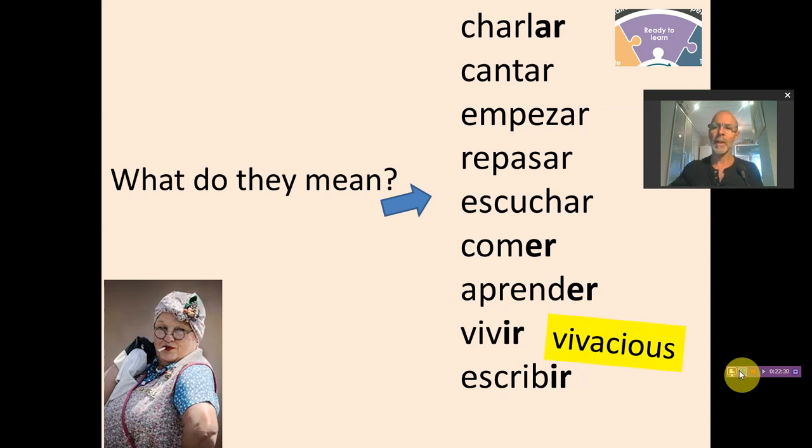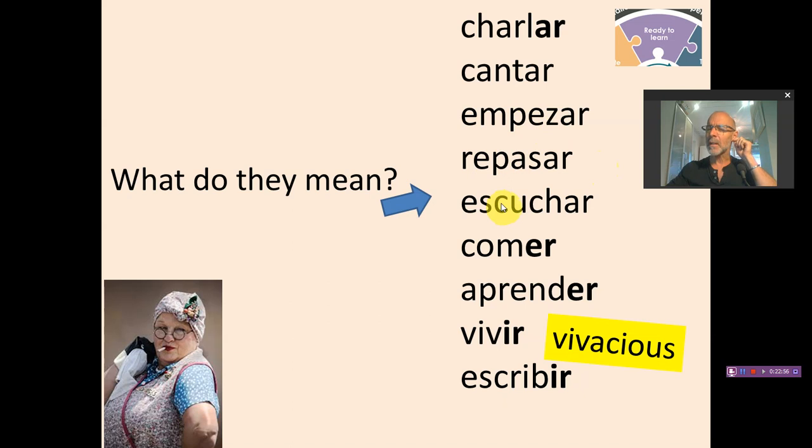So that's what we're going to be looking at now, just for 5 minutes. So you probably remember these verbs. Charlar, to chat. Cantar was to sing. Remember, chant. Empezar, we've just seen that earlier in today's episode, is to begin or to start. Repasar, to review or to revise something.